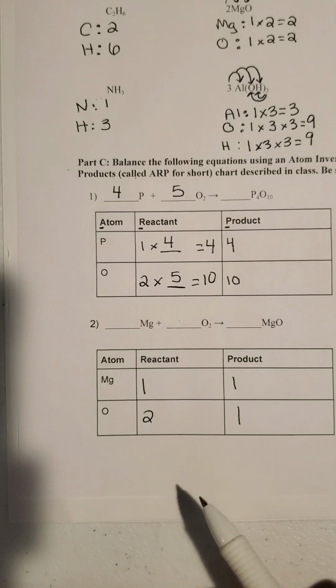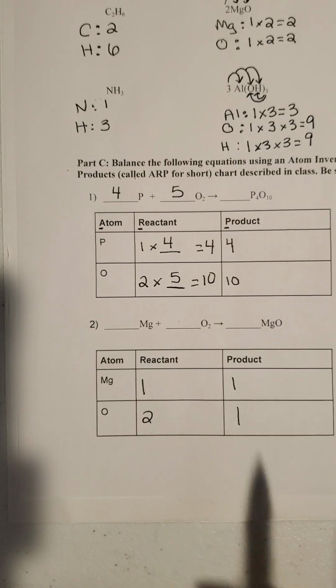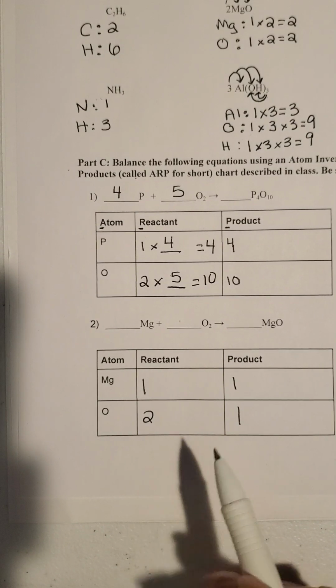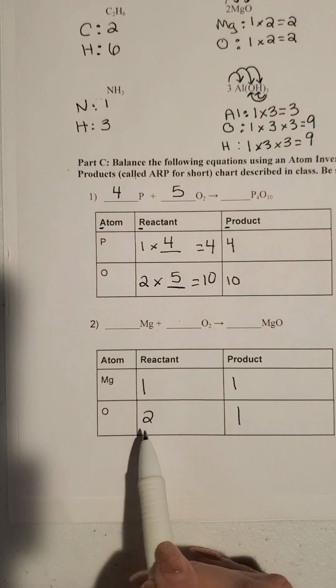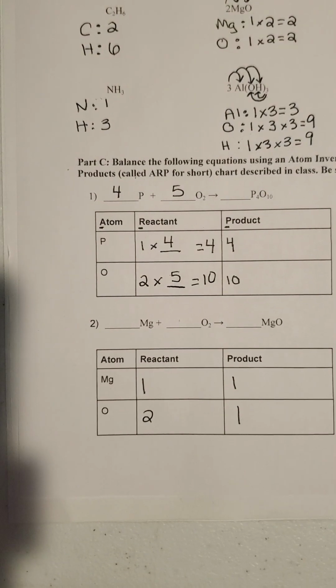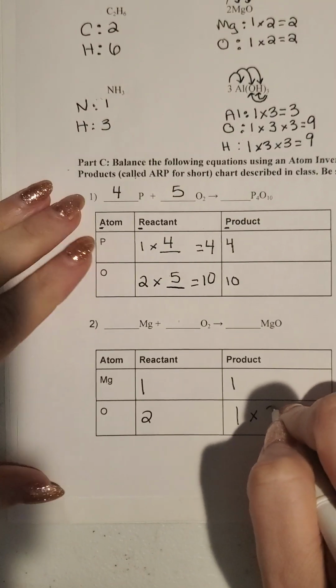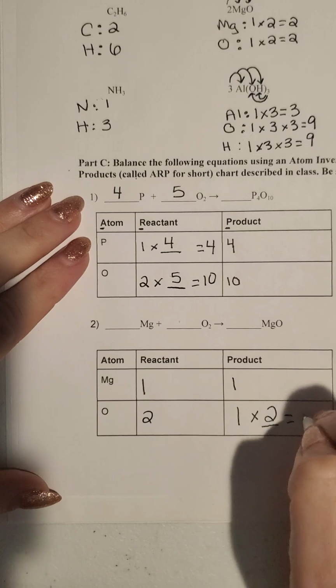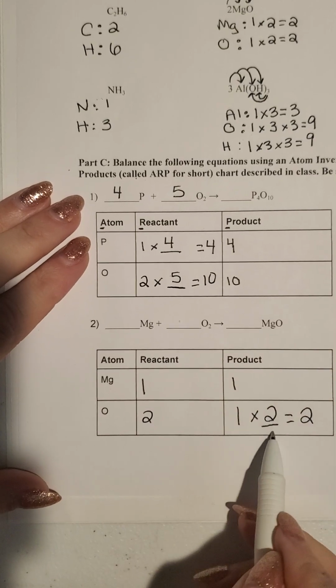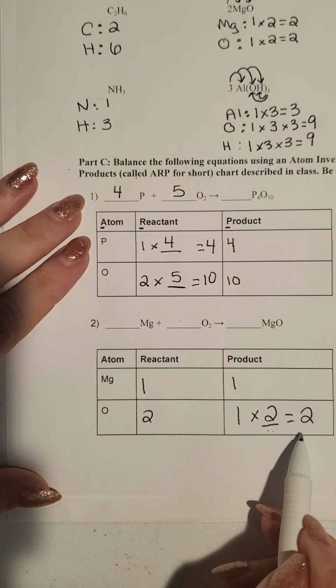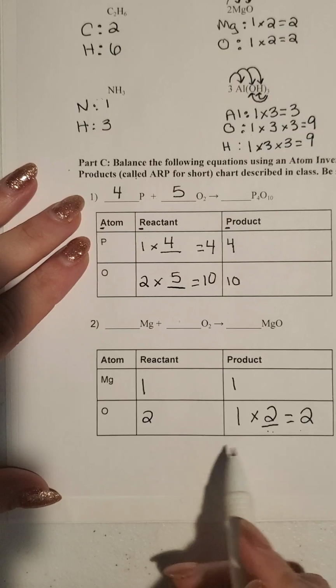So I'm going to pick one of the elements that's not balanced. Magnesium currently is balanced. I don't want to adjust those. Oxygen, however, I have 2 on the reactant side and 1 on the product side. Now, that gives me a fix. Seems pretty straightforward here. If I multiply oxygen by 2, I do in fact get 2 oxygens.